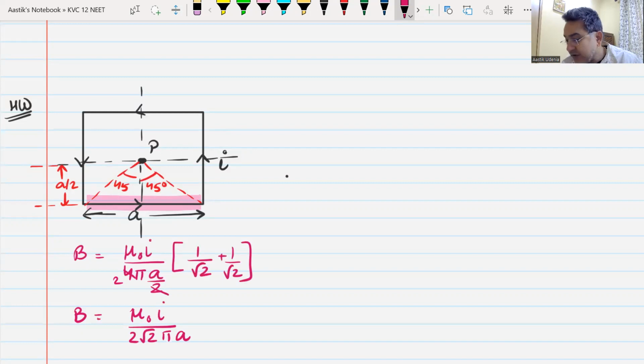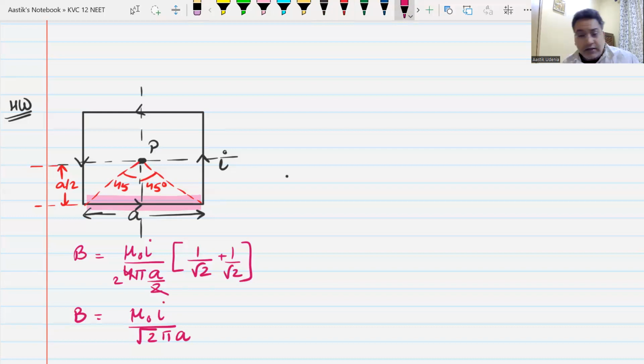Oh, sorry. It will be root 2 times, right? 1 by root 2 plus 1 by root 2 is 2 by root 2. So you will get 2 in the numerator. So this 2 will get cancelled. And I will have root 2 pi a. Yes or no?